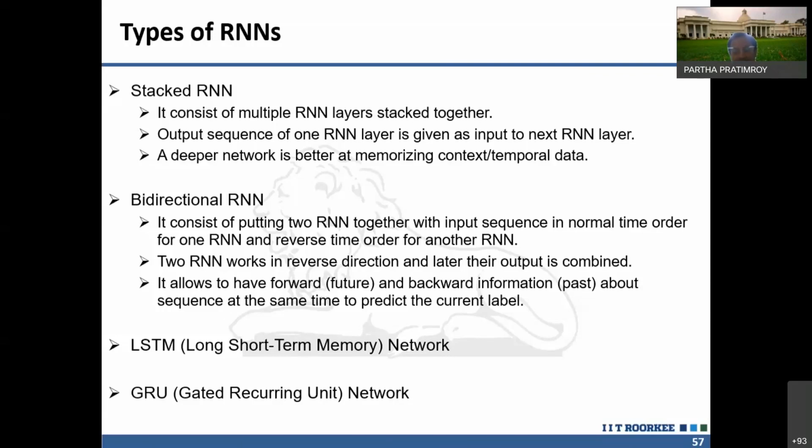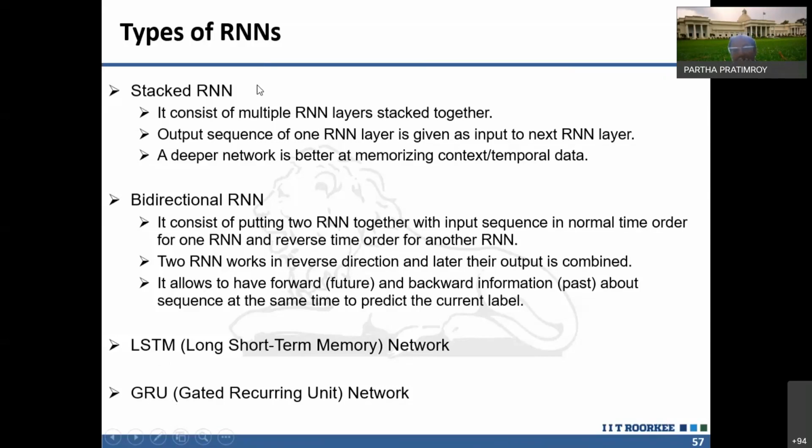RNN, as you understand, keeps the ordering of the sequence, which helps to have the context of the sequence and you get good results. There you have stacked RNNs and bidirectional RNNs, which come from RNNs. And if we modify the cell structure of the RNN, that gives LSTM and GRU.